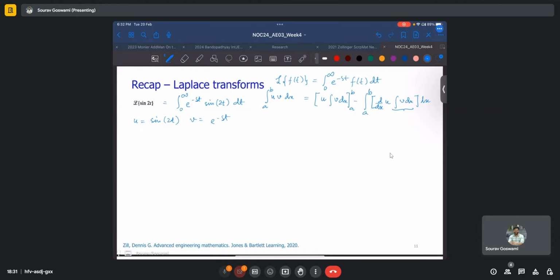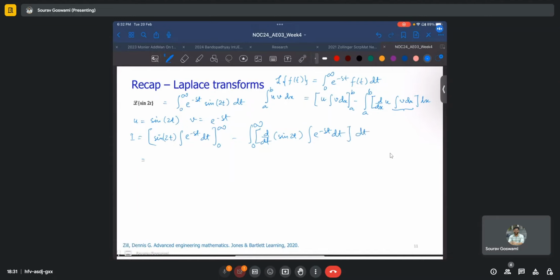I just denote my integral by I. So this is u into the integral of v dt, minus the integral of the differential of u times the integral of v dt.